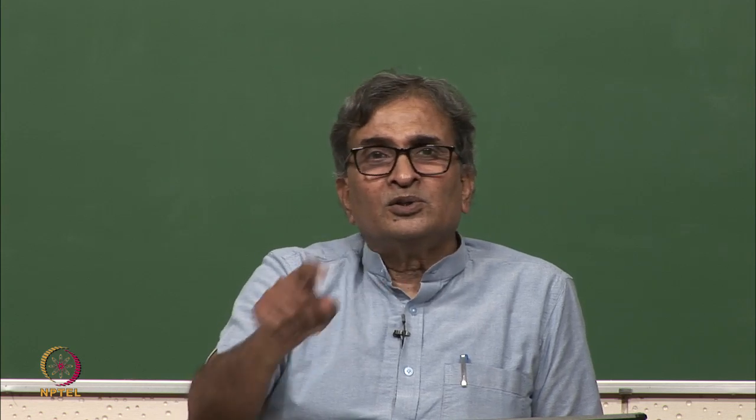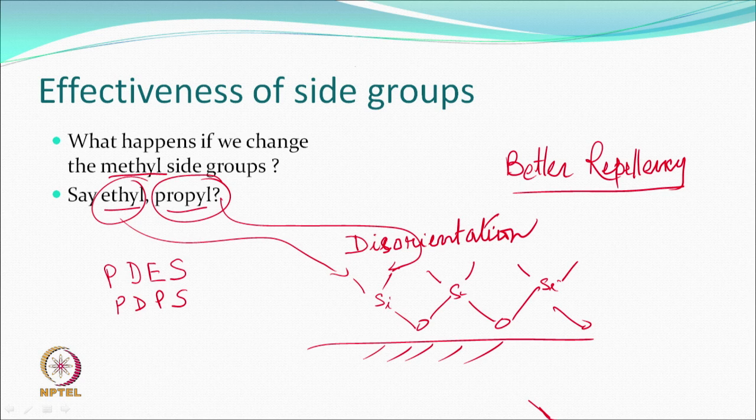They were not really behaving like a repellent. They would repel compared to, for example, the untreated fabric, but a reasonable level of repellency would not be achieved unless this orientation is there. So, using side groups which are higher in molecular weight is not going to help. It only disturbs the orientation. So, it does not really work.